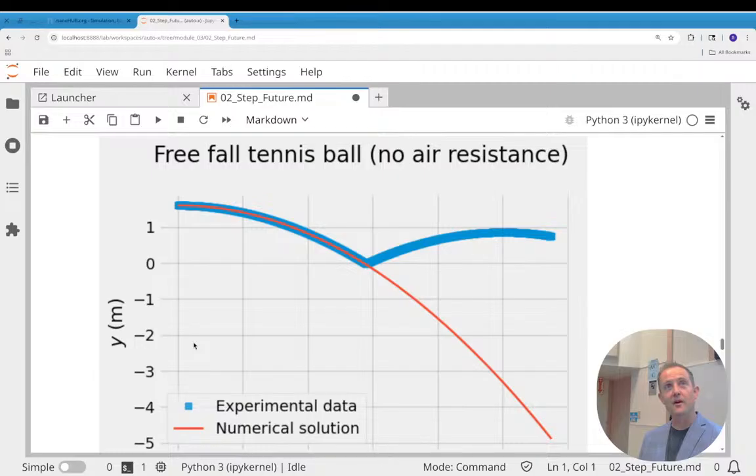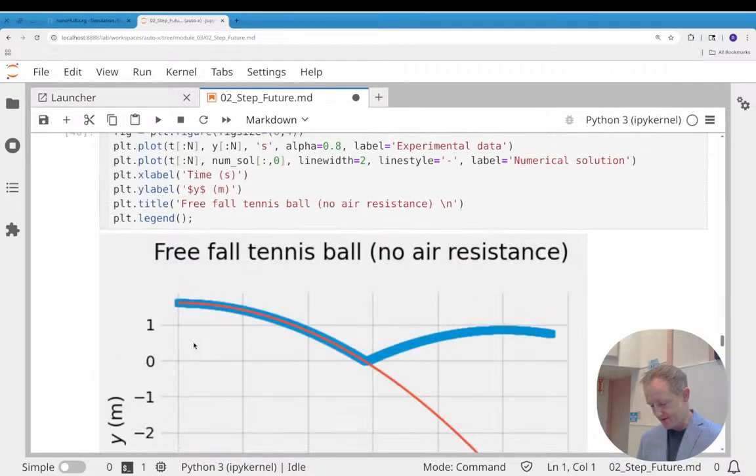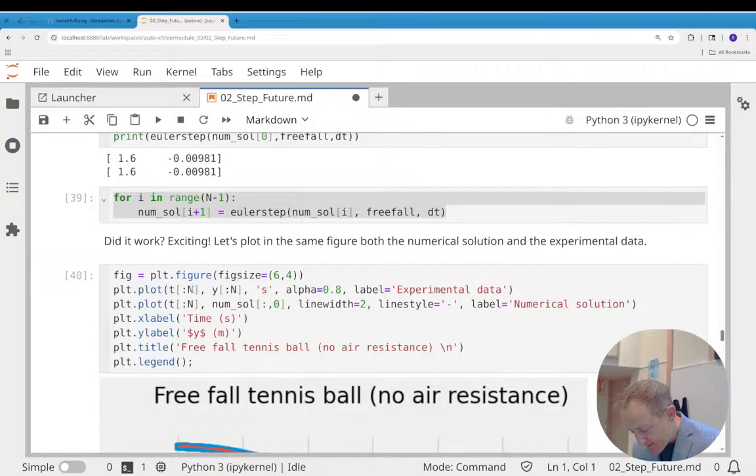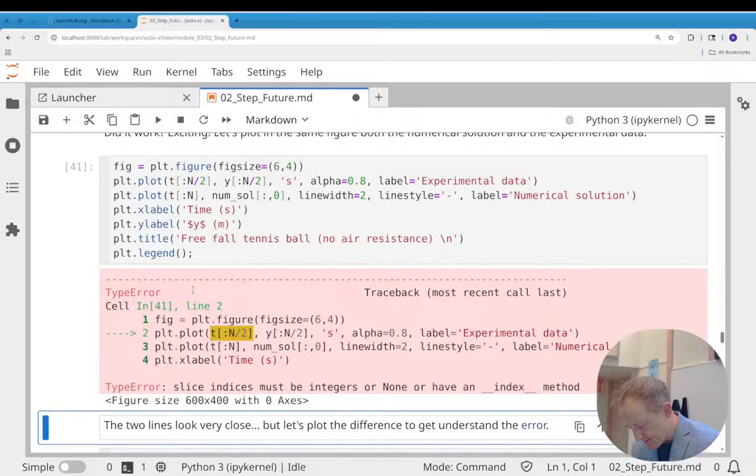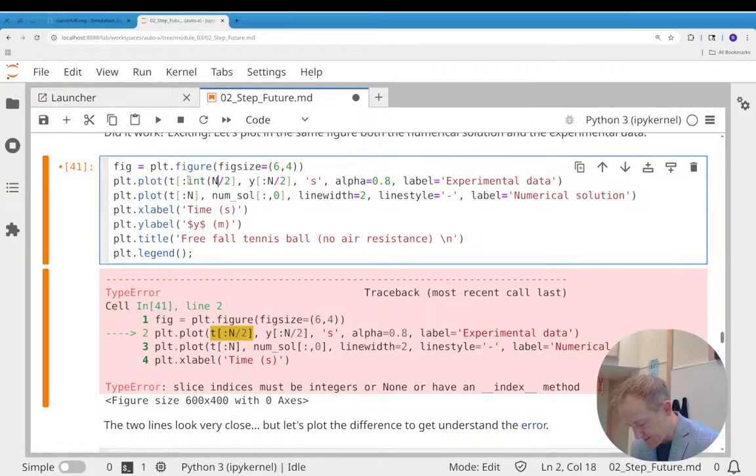It did something weird. Hit the ground. Oh, yeah, it does hit the ground. Over 2, over 2. Let's go int, int.